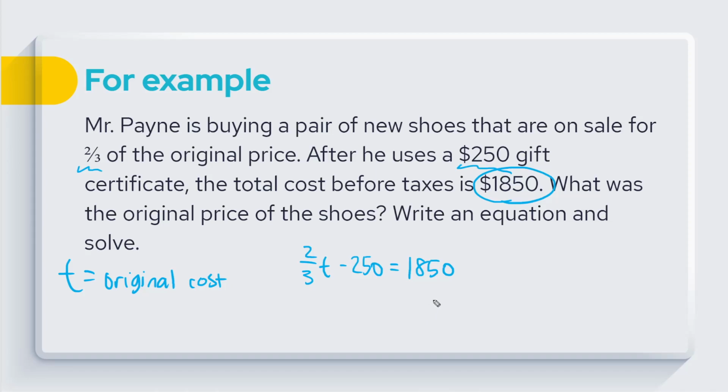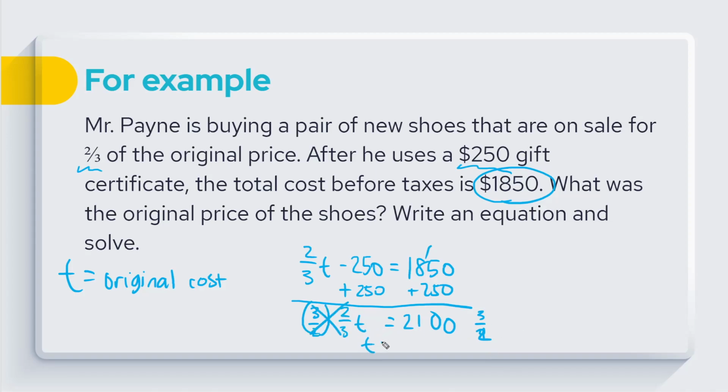$1,850. So how do we find the original cost? Well, we can just work backwards, right? Through all of these discounts. We can add the $250 back on. $2,100. 2/3 T equals 2,100. Then we multiply by the inverse. Oops, that's supposed to be a 2.